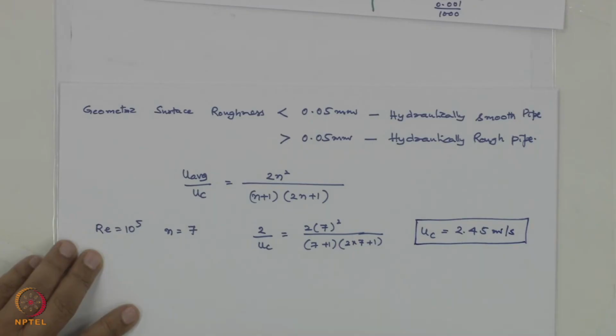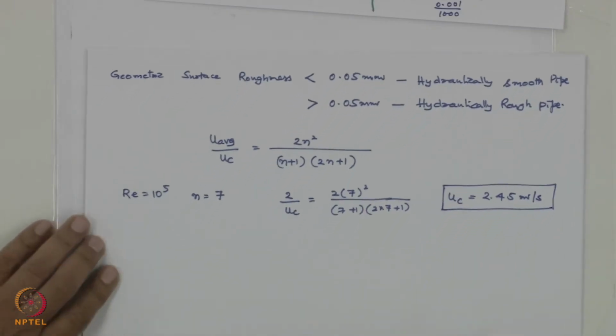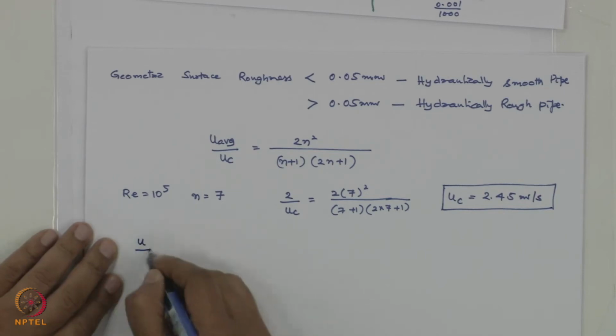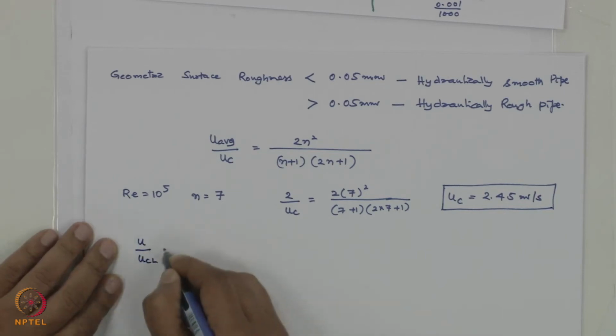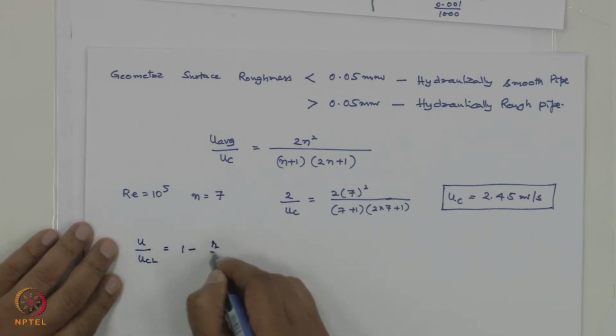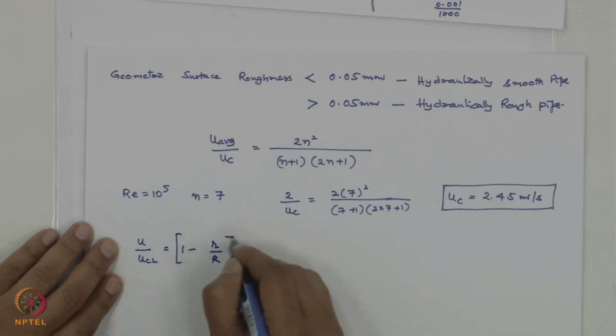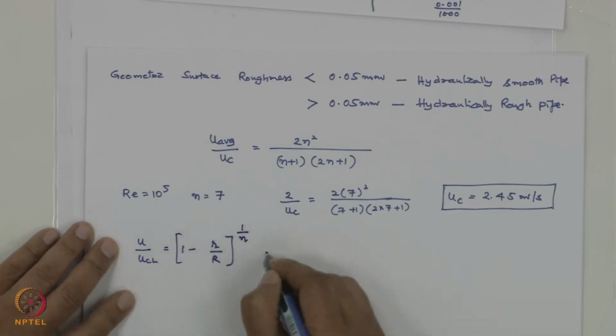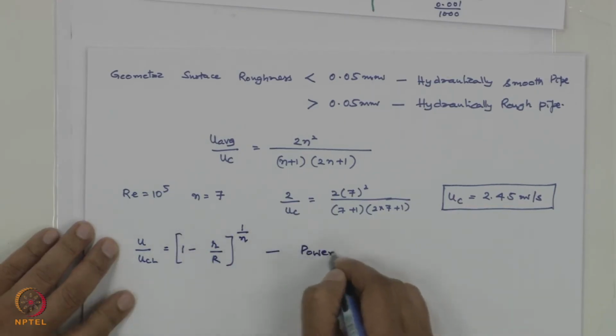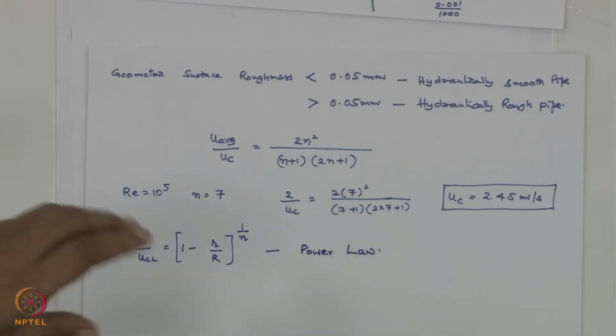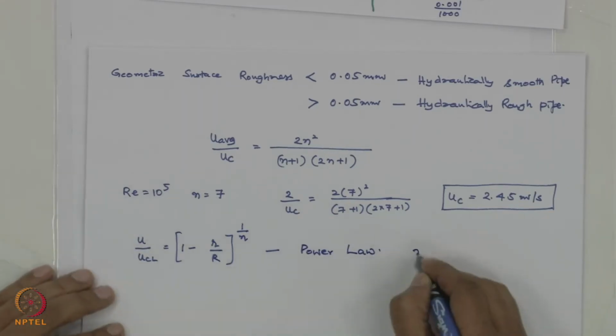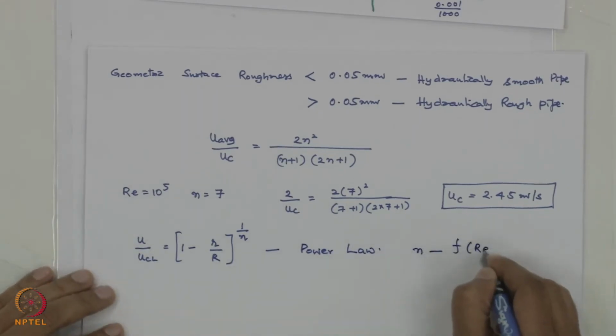What I am trying to do is calculate the laminar shear stress and the turbulent shear stress. So U by U center line is equal to 1 minus of R by R to the power of 1 by N. This is my power law. This is experimentally obtained, and N is a function of Reynolds number.